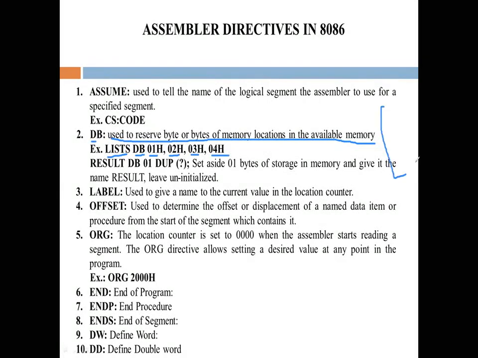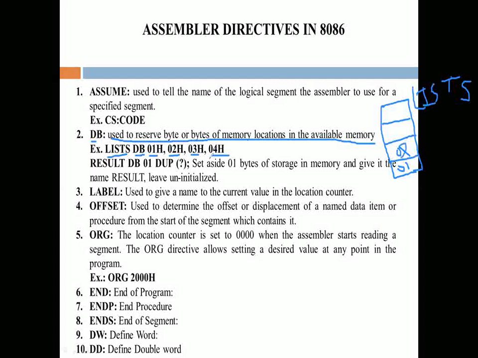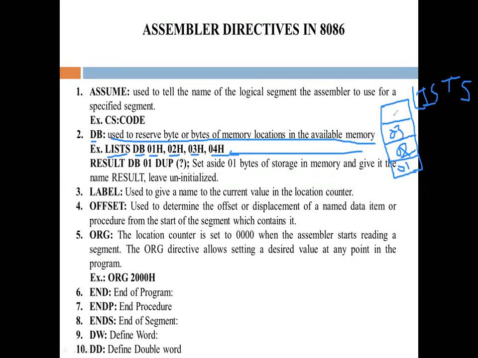It will reserve or generate an array of 4 bytes with the name specified as LIST, and initialize the values with the corresponding numbers given here. Similarly, we can take another example: RESULT DB 01 DUP(?).